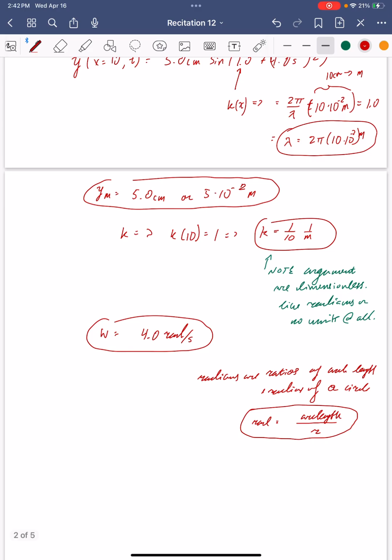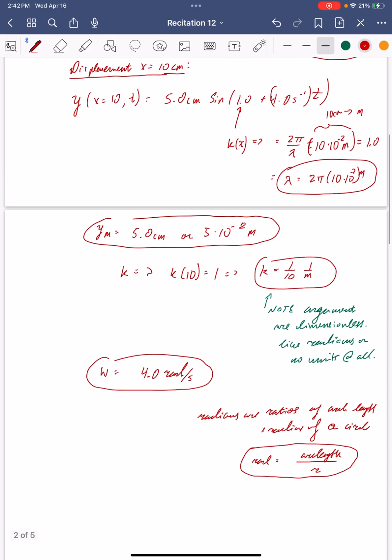Now, the other parts of the problem: we're not asked for an amplitude, but I wrote that down anyway here. That's going to be 5 centimeters or 5 times 10 to the negative 2 meters. I would always encourage you folks to use SI units whenever possible and leave the answer in that form.